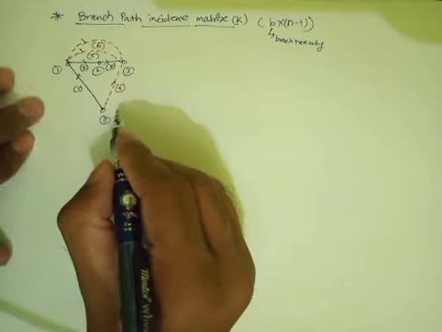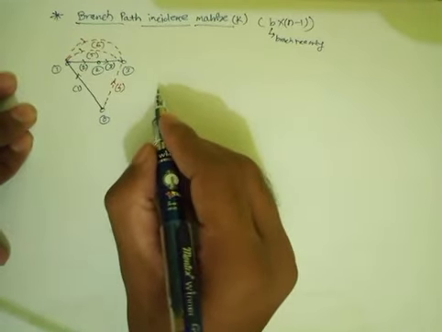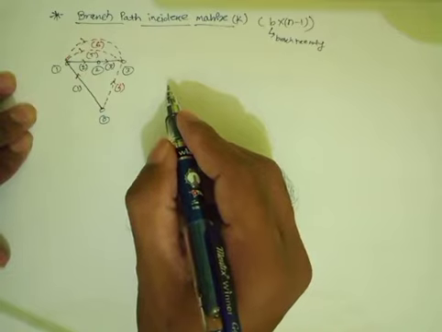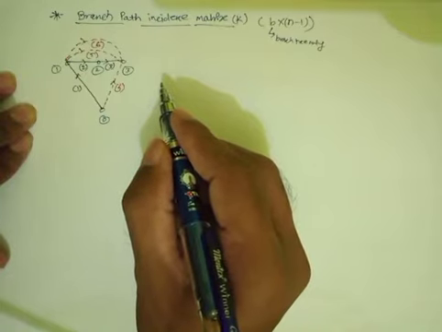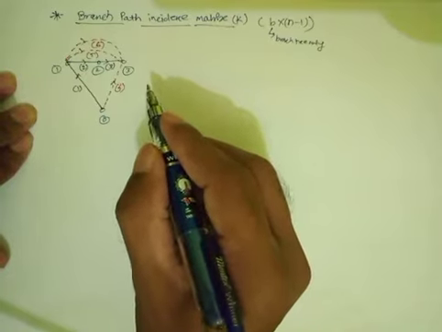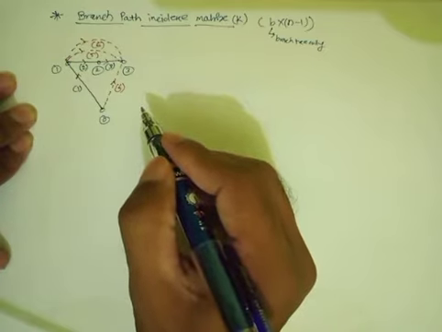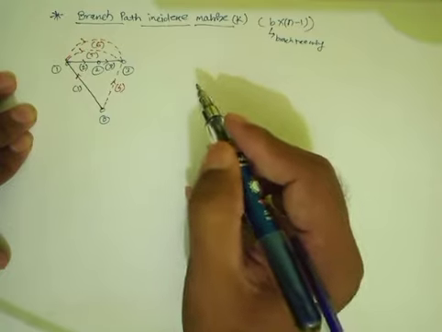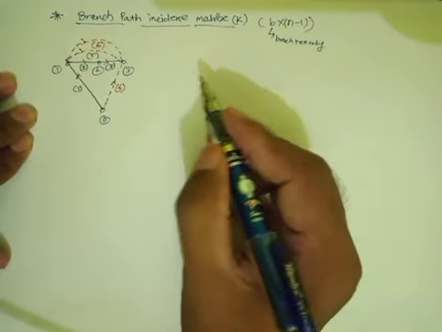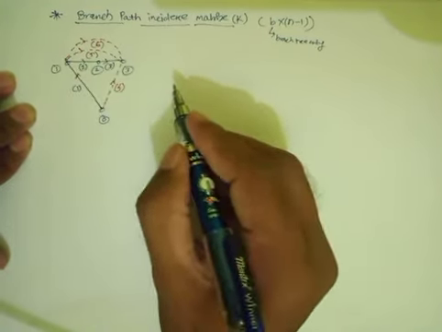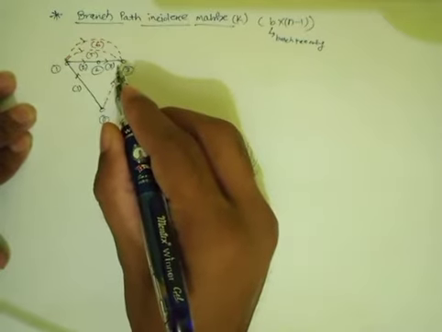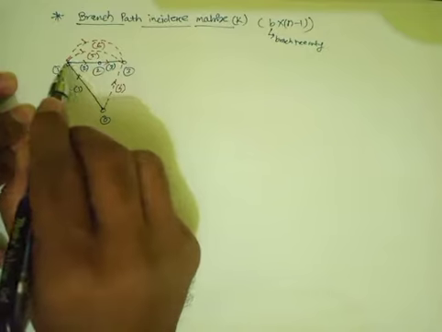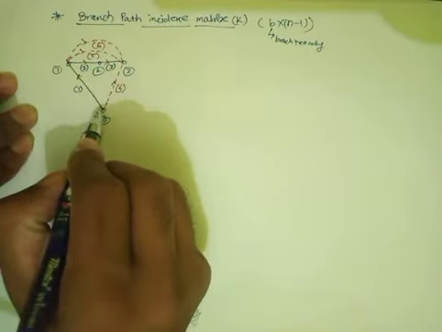Now this matrix shows incidence of branches and path, whether that branch is coming in this particular path or not. So in this way it shows the incidence of branches and path, and the path is formed by moving from one node to the reference node. So that path we will consider from any one node to the reference node.